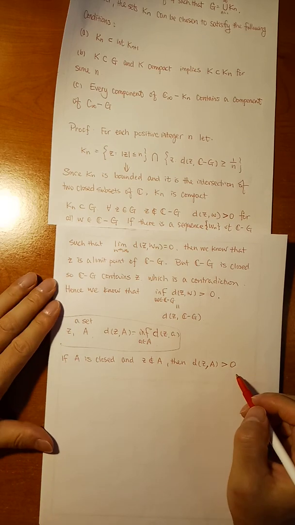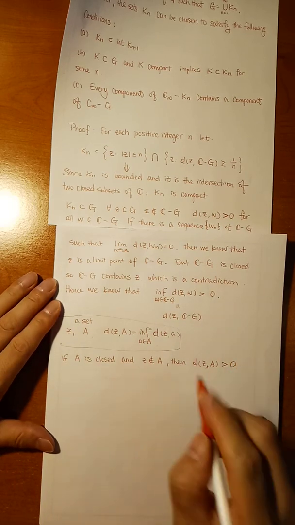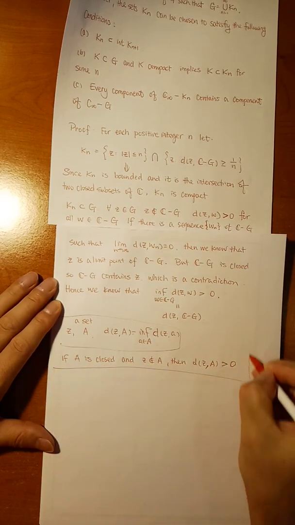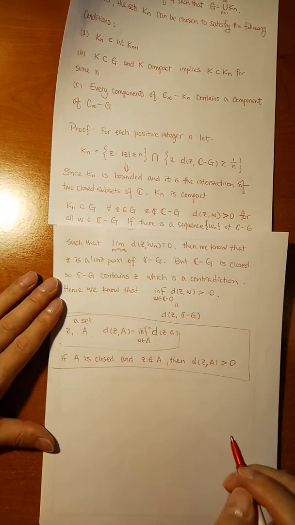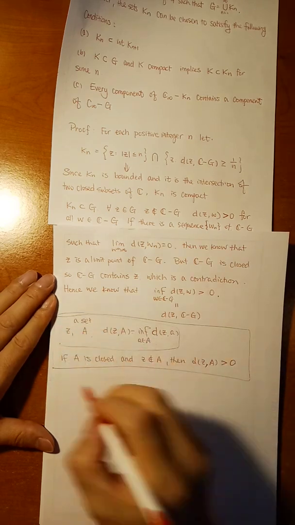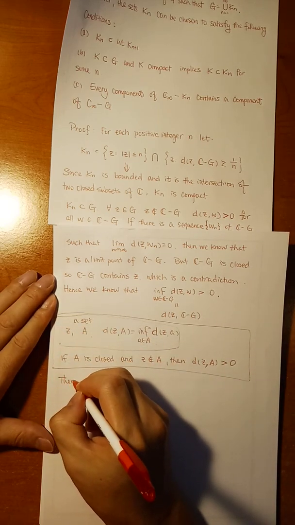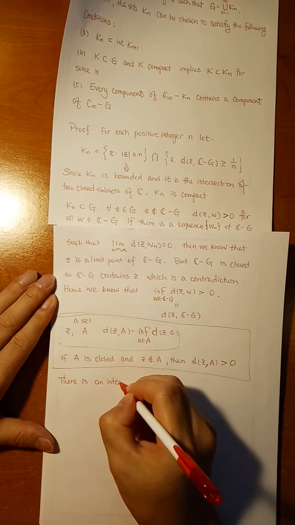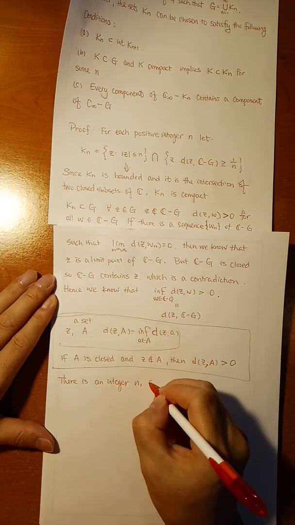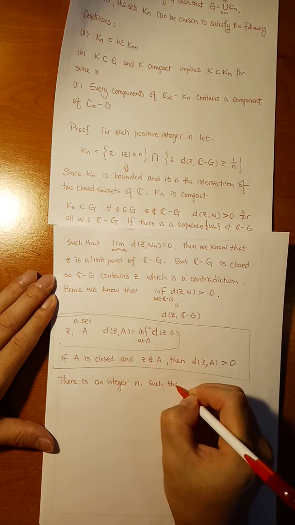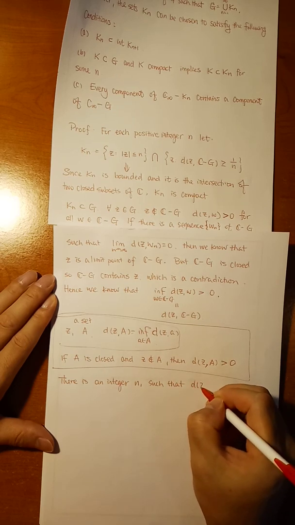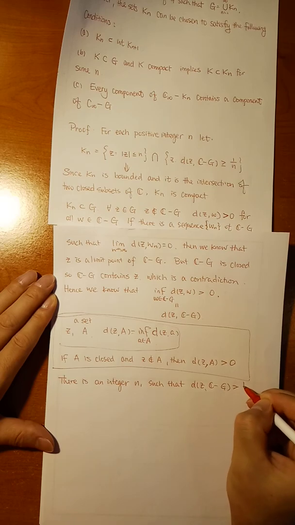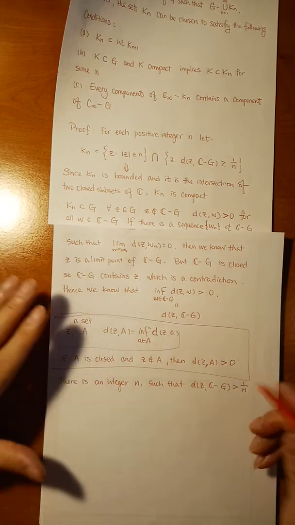This infimum is greater than 0. So that's one condition. Then there is an integer n1 such that the distance between z and c minus g is greater than 1 over n1.